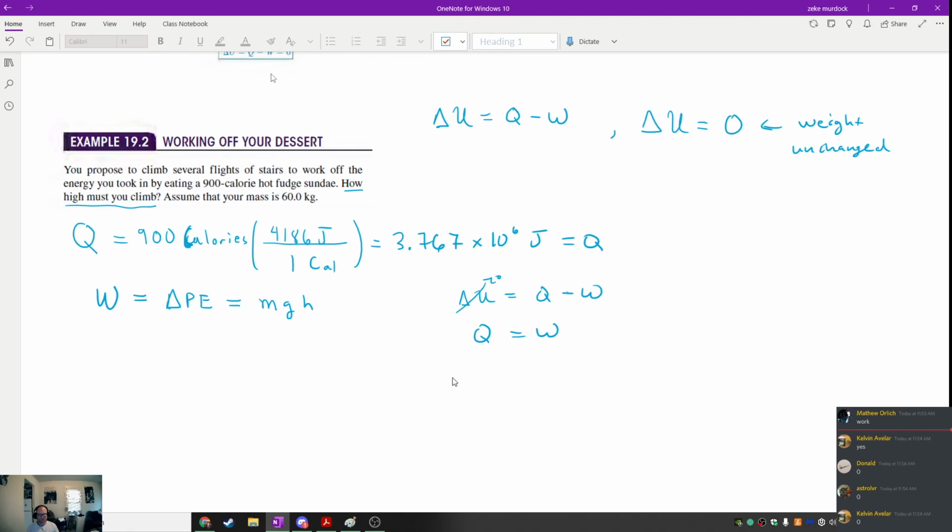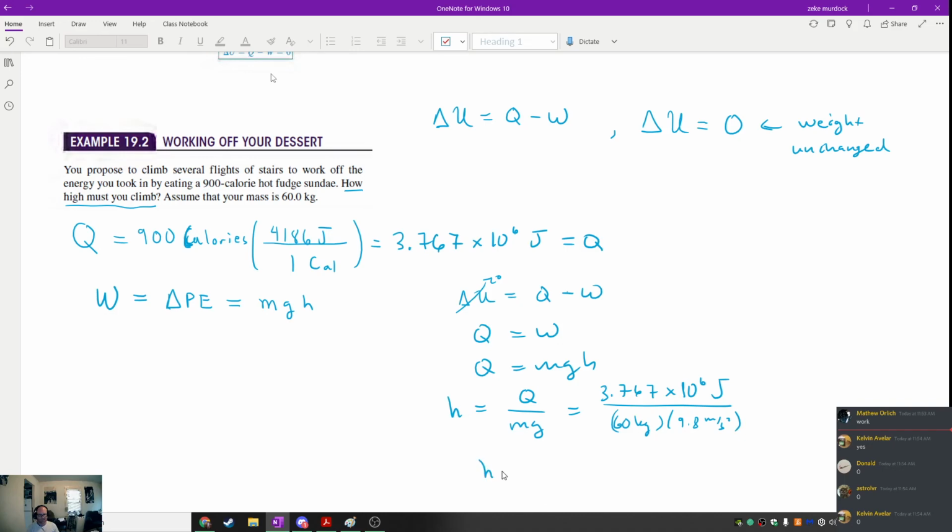So the amount of Q that we got is going to be equal to mgh, which means that h is equal to Q divided by mg. So if we just take 3.767 times 10 to the 6th joules, and we divide by mass, which is 60 kilograms, and we multiply by g, which is 9.8.